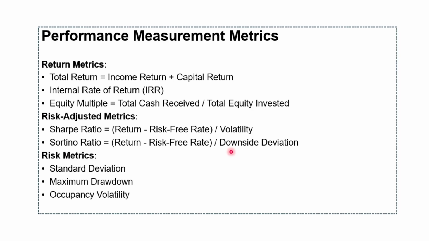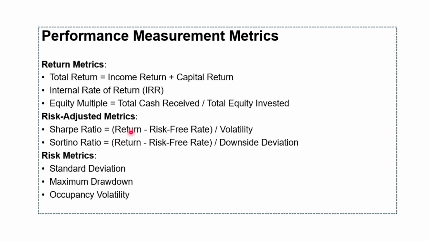Then we have risk metrics. We have standard deviation, which tells us the volatility, maximum drawdown to understand worst case scenarios, and occupancy volatility to measure income stability of a particular property. So the key insight is that no single metric tells the complete story.